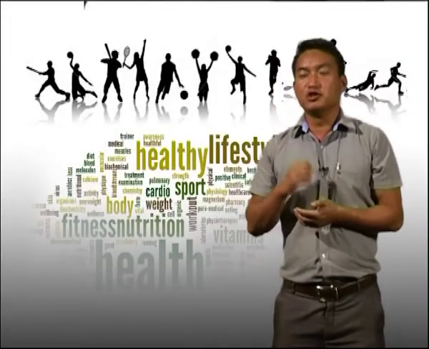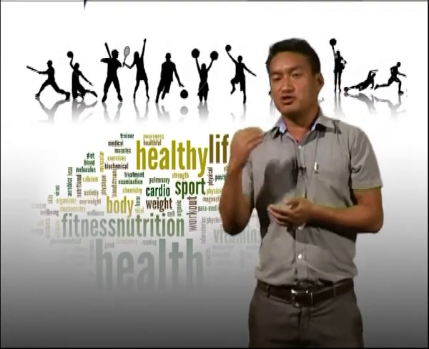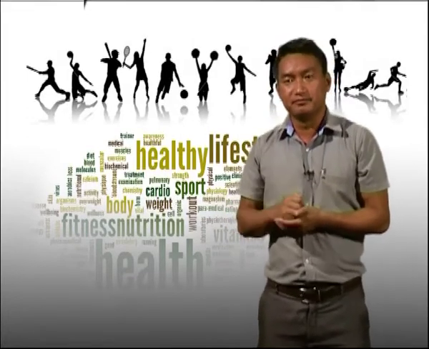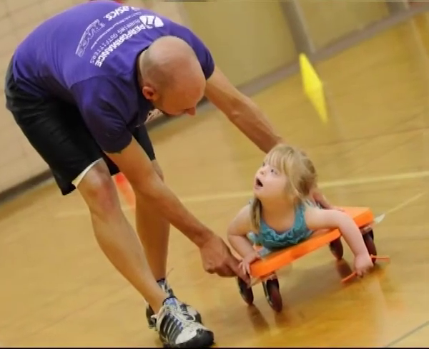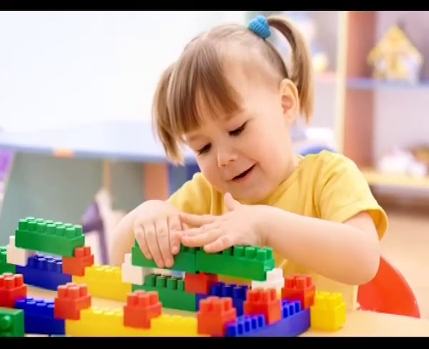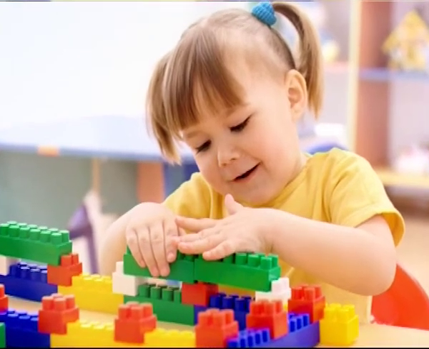Once the physical educator has determined what the present level of educational performance is, long-range goals can be developed. Goals are specific target behaviors that the child should be able to demonstrate after instruction has been given.